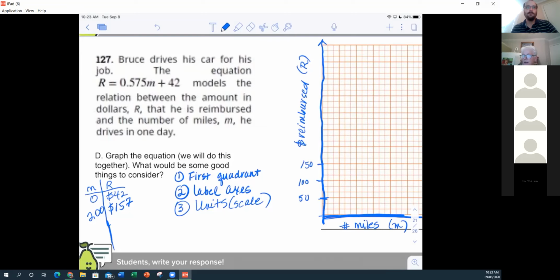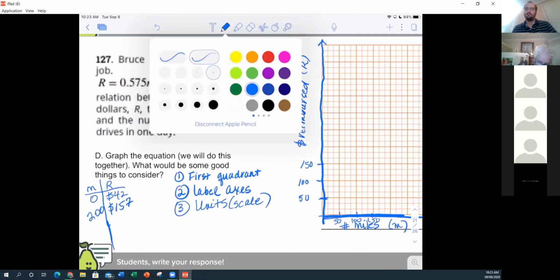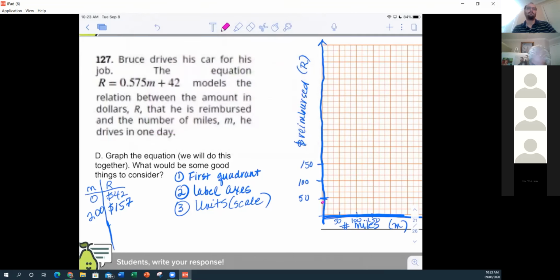And then on the vertical axis, I'm going to go ahead and let these be 50s too. You can make the X and the Y axes have a different scale. So when I start here at 0, 42, 42 would be somewhere right under 50, right?